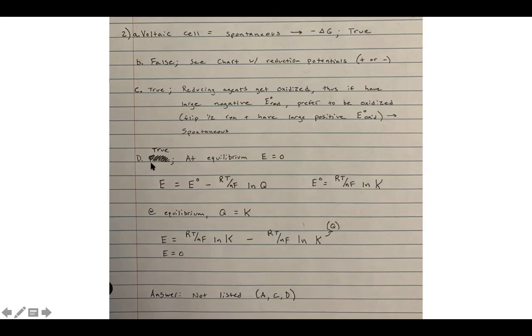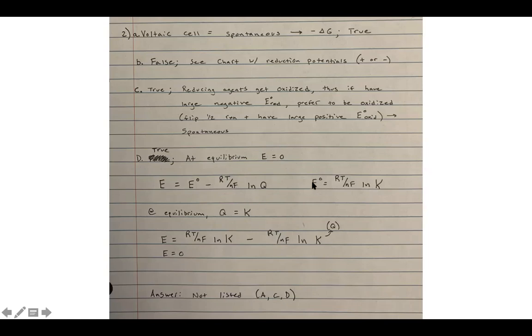And then again, D is actually true. E, the cell potential, not standard cell potential, but just cell potential at equilibrium, will be equal to 0. You can prove this using the Nernst equation. Here's the Nernst equation, and E naught equals RT over NF times the natural log of K. If we're at equilibrium, Q and K are equal to one another.